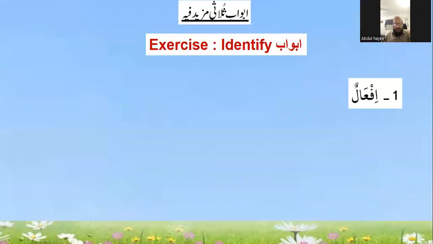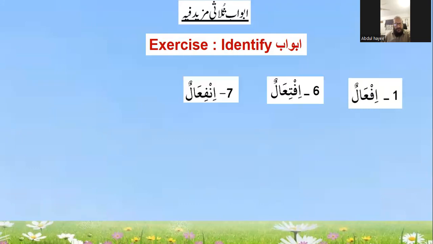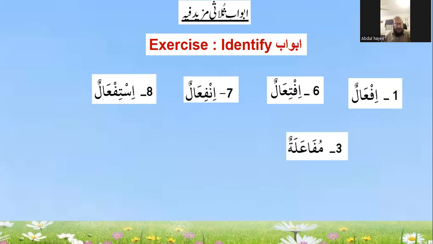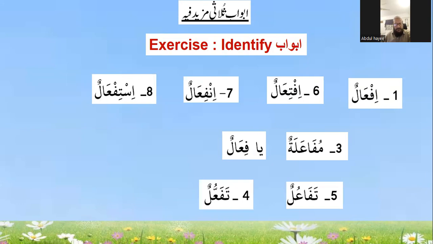What are the 8 babs? If'alun, with the addition of ta, iftiyalun, with the addition of nun, infiyalun, with the addition of alif sin ta, istifalun, and the 5th one is mufa'alatun, or its second name is fi'alun, and the rest 3 with ta. First ta and alif, tafa'alun, ta with ain, tafa'ulun, and ta with ya, taf'ilun.